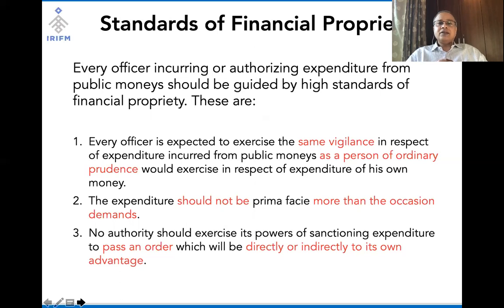In that sense, it is incumbent on them that they consider expenditures of taxpayers' money with utmost care. For that reason, the government financial rules specify 5 canons of financial propriety, which are essential for all government procurement.